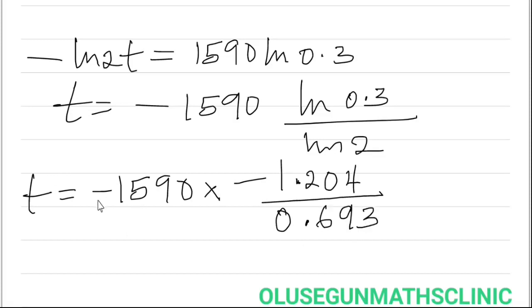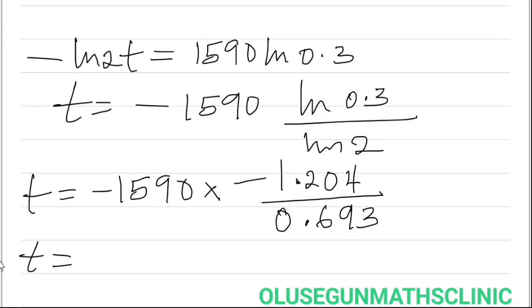0.693. So by the time this minus multiply minus, automatically to give us plus. So let's multiply it together and get the answer. You'll be pressing it the way I'm pressing it also for you to get the correct answer. 1590 times 1.204.